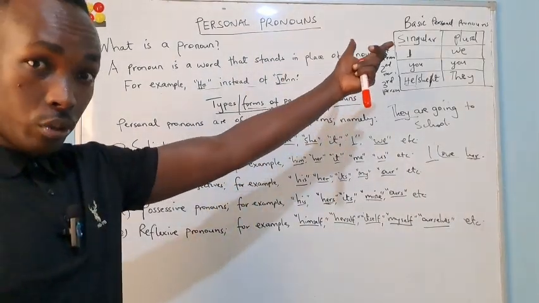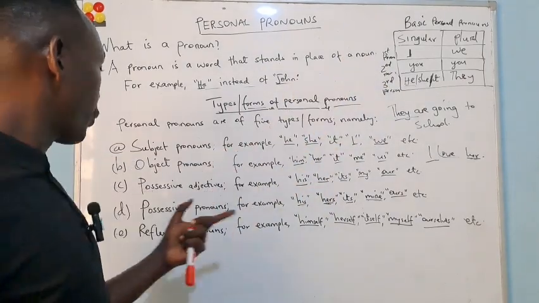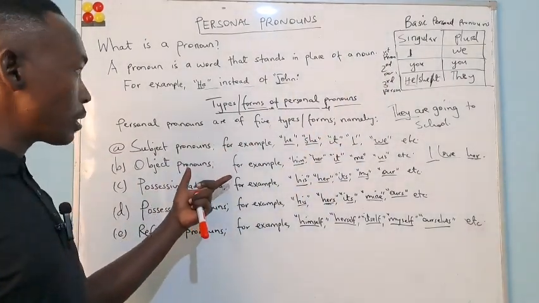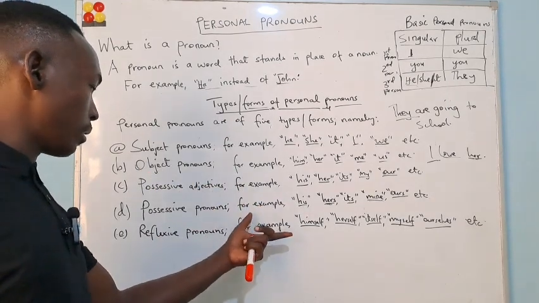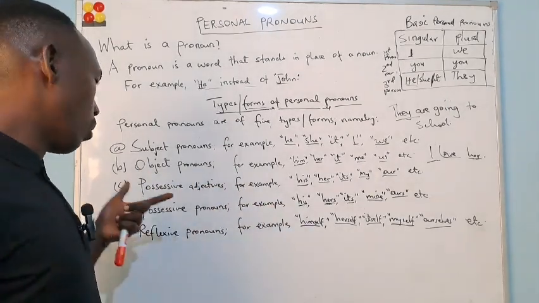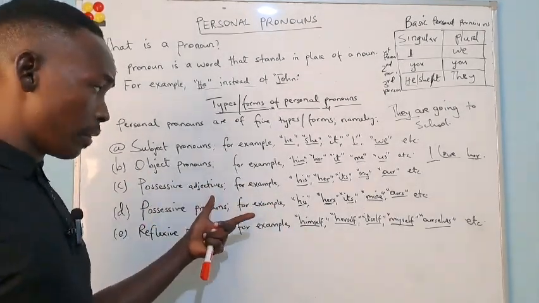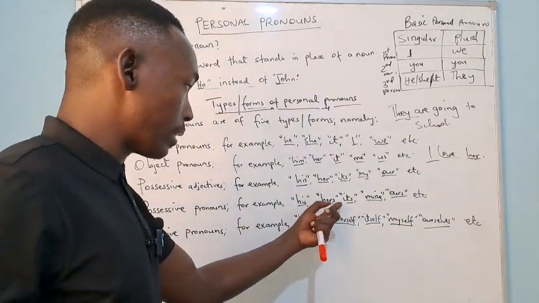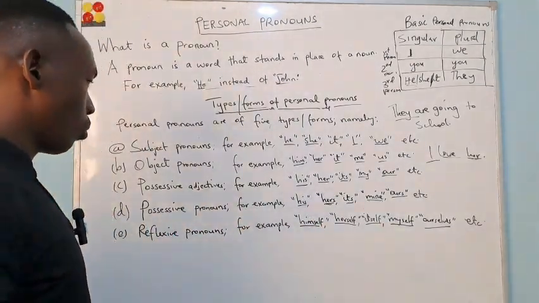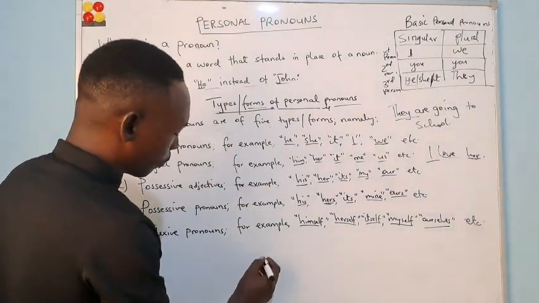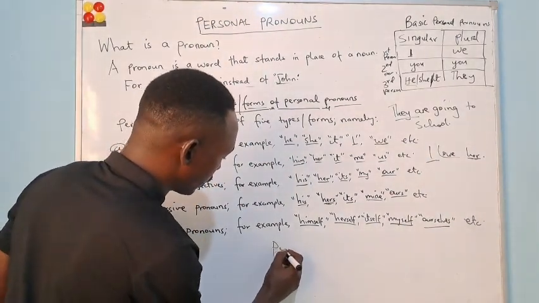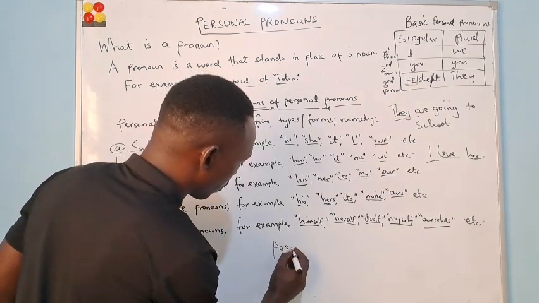The basic pronouns are the subject pronouns. We have object pronouns. They can turn into possessive adjectives. They are pronouns too. Possessive pronouns themselves like hers, its, mine. So don't confuse things. A possessive pronoun is very different from a possessive adjective.